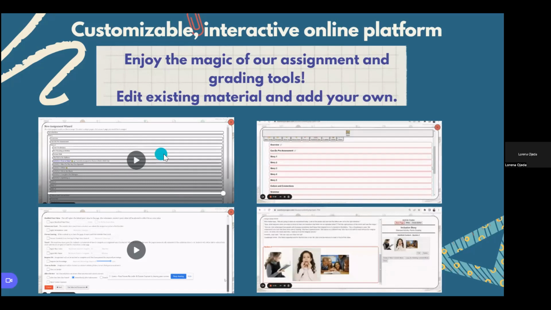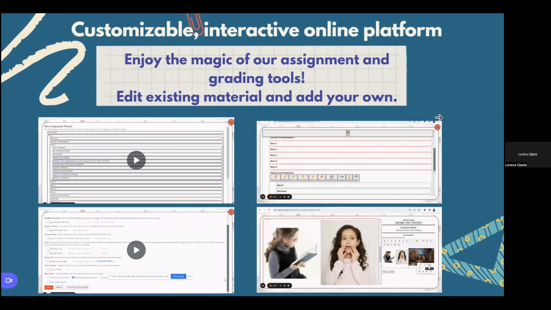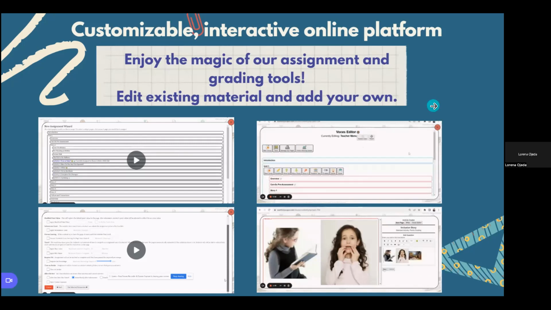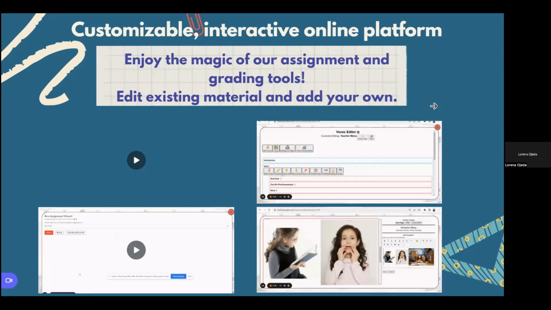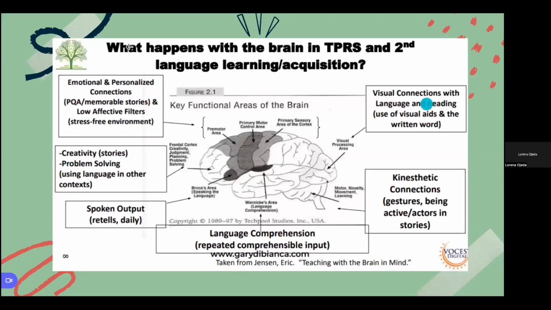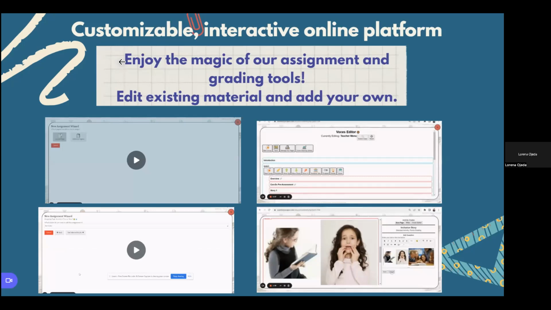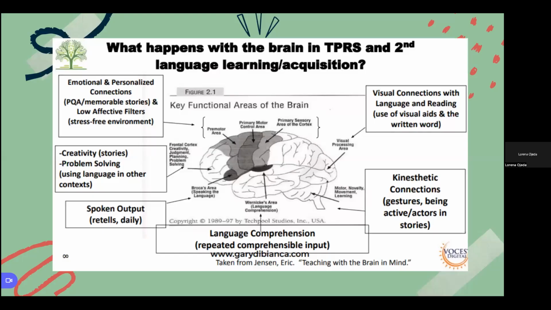Also, you can adapt any of these materials to your students' age, your students' needs, and your class context. So that's basically what we are trying to have you try and see, what it looks like to have a story-based curriculum for you to be able to teach.